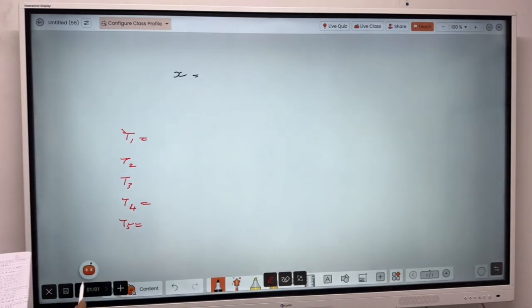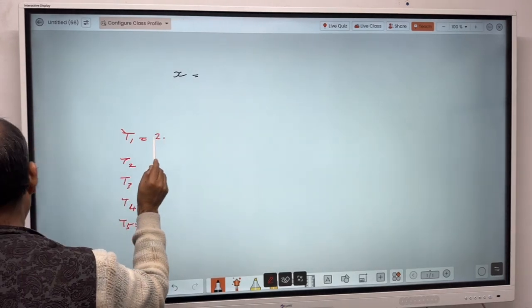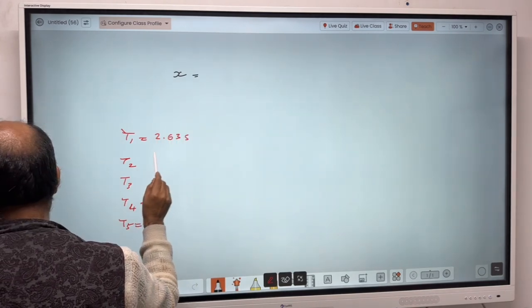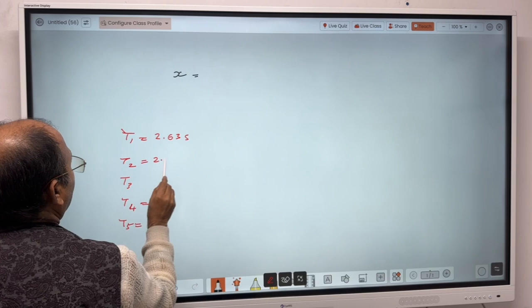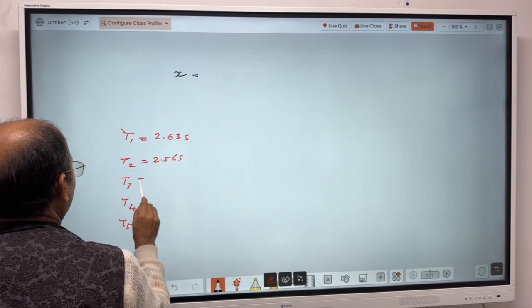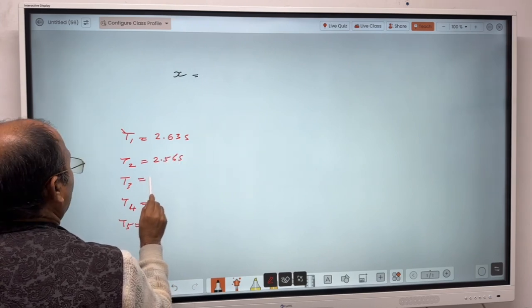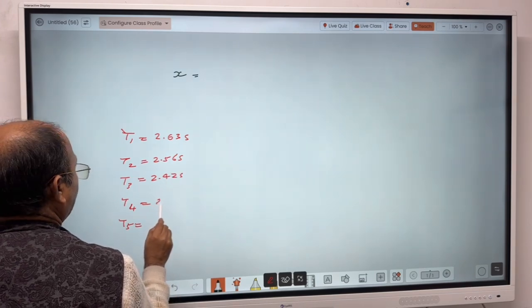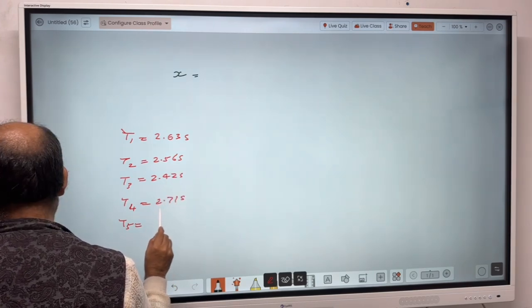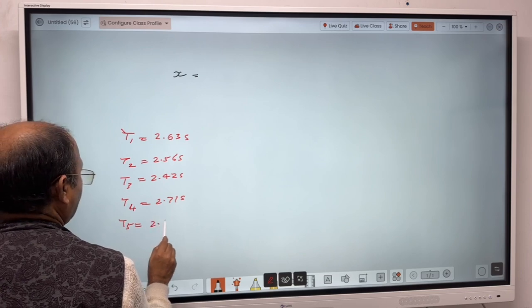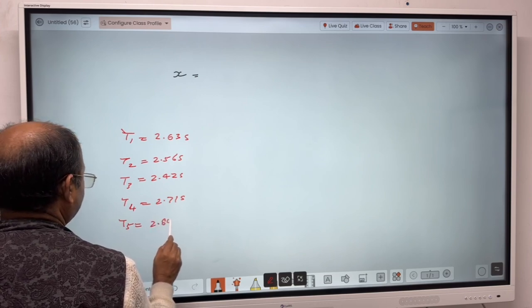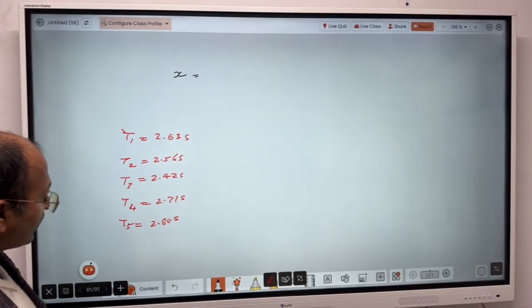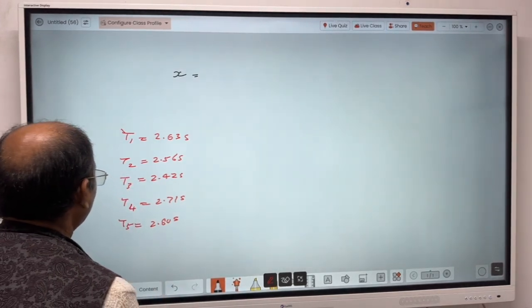So these values are given: 2.63 second, then the second value is 2.56 second, the third value is 2.42 second, the next value is 2.71 second, the next value is 2.8 second. Here our main concern is to get the correct value.